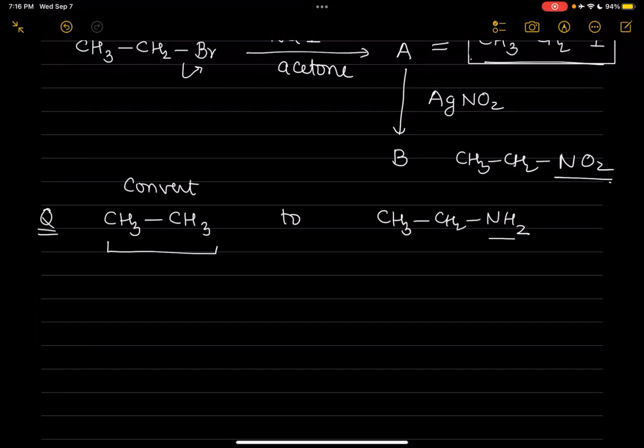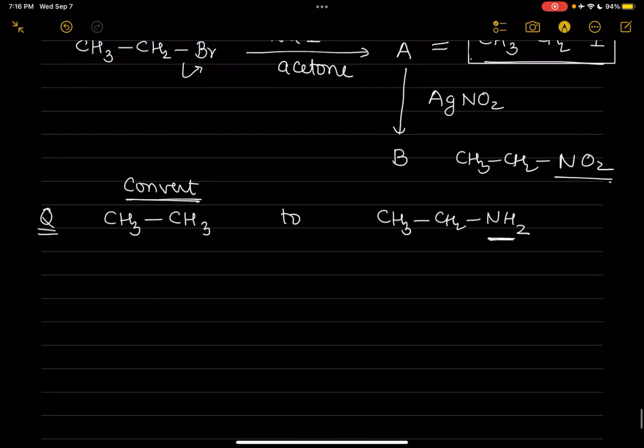Why can't I directly convert it to amine? Why can't I bring the NH2 group? Because I can't directly bring the NH2 group. I need to first connect Cl or Br. Right, Imad?